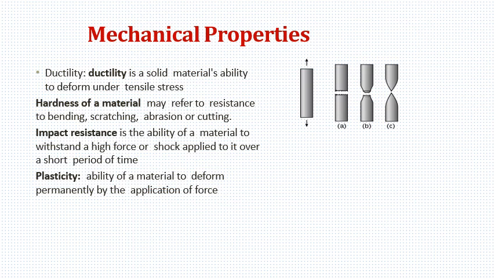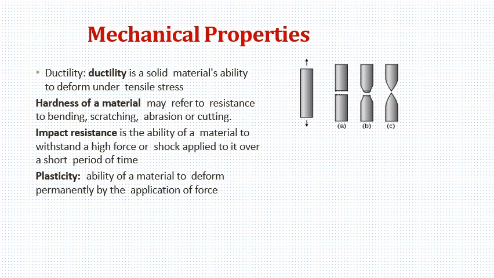Mechanical properties include ductility. Ductility is a solid material's ability to deform under tensile stresses. So how much tensile stress we are giving and the resistance offered by the body to deform, that is ductility. How much it offers, we have to find out.